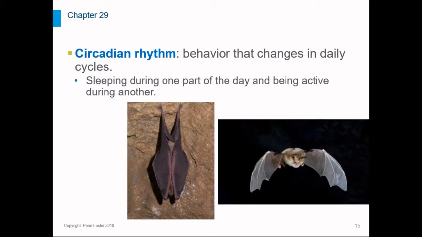Other animals sleep during the day and are active at night. Still other animals sleep during the darkest part of the night and the hot afternoon, and they're active during the morning and evening. All three of those are examples of daily circadian rhythms. There's a period where it's resting, a period where it's active, and it keeps going, day after day.